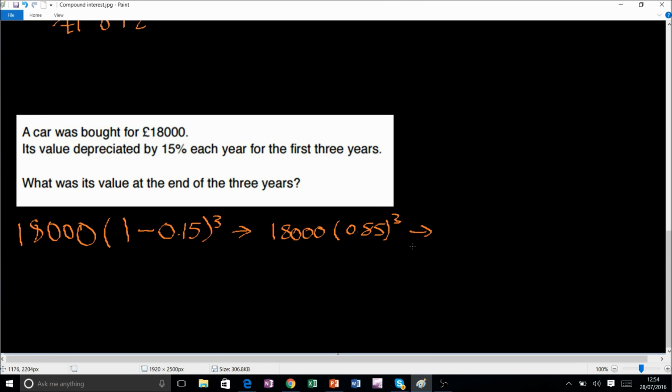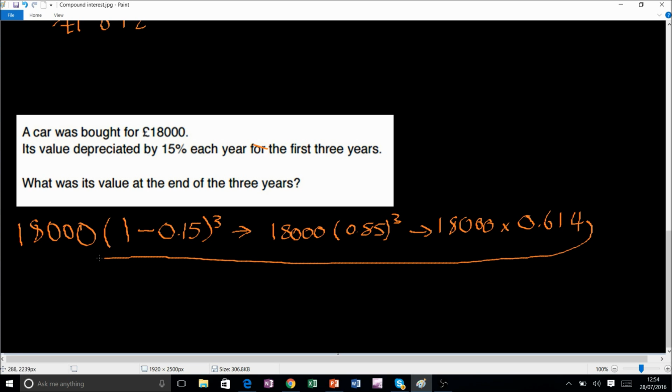So we're going to work out what 0.85 to the power of 3 is first. To the power of 3, that's going to give us, if we look at it to 3 decimal places, 0.614. And then let's finish it off here.